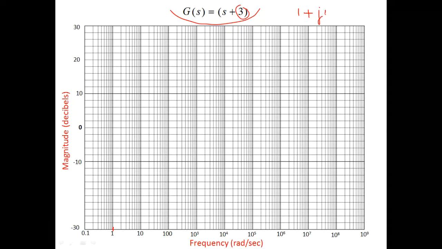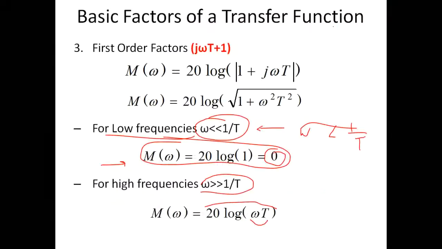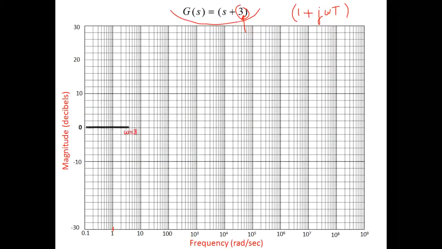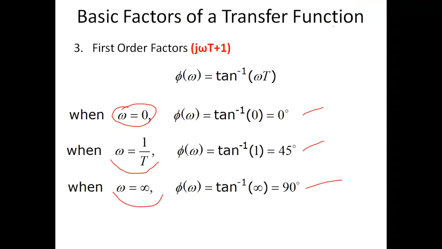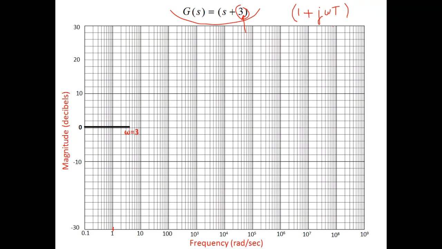So we have 1 plus jwT, and since here we have 3, we should divide by 3 to get T. I repeat, when w is less than 1 over T, that means w from 0 to 3, the magnitude equals 0.